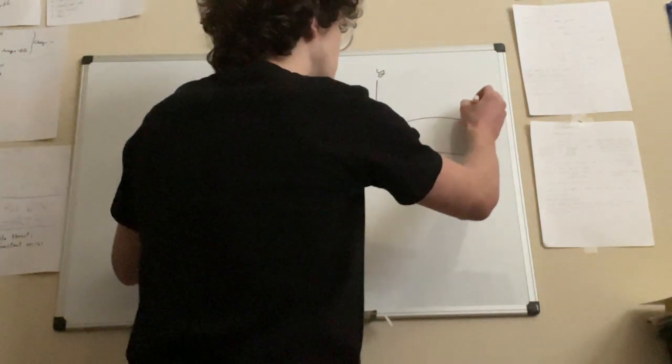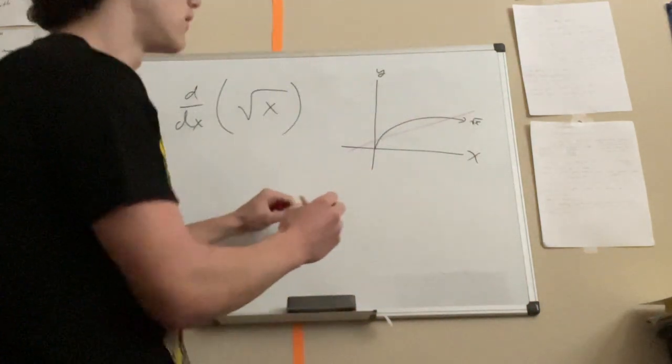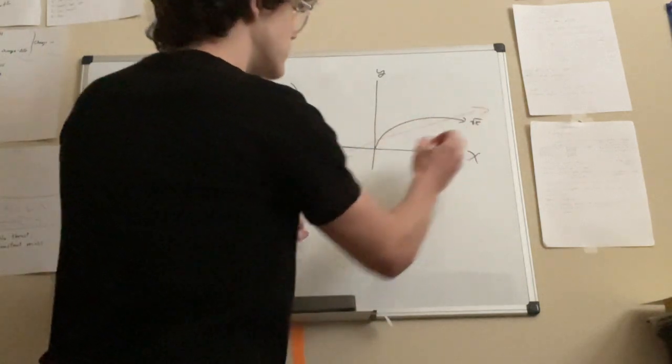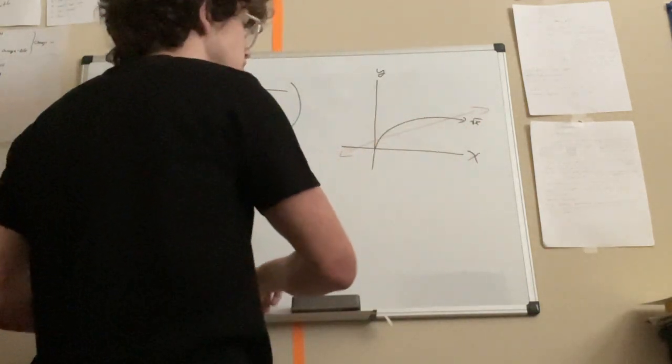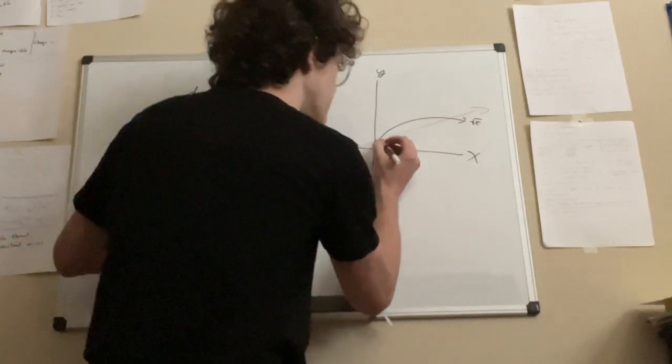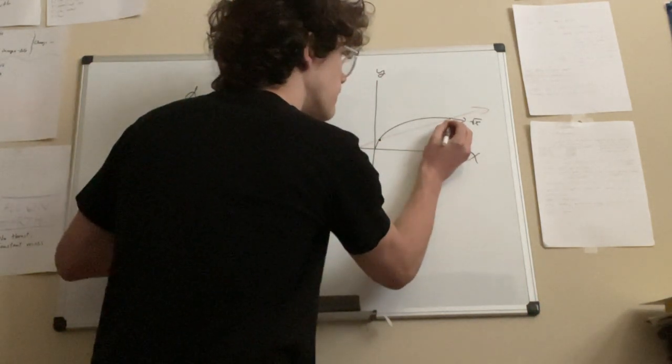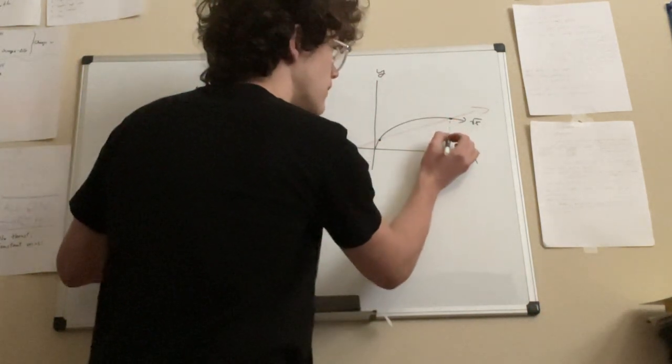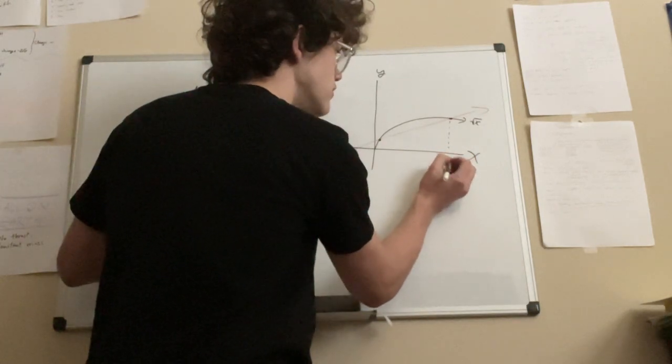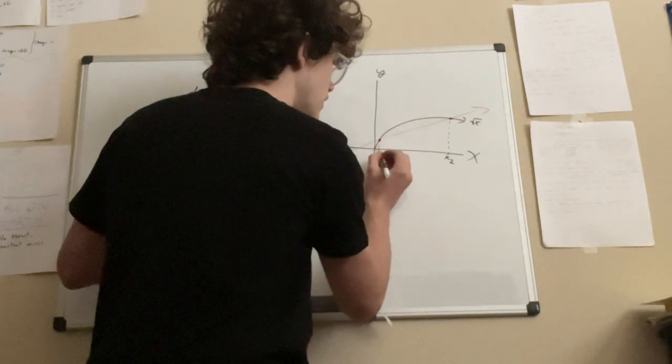So something maybe like, you know, it intercepts at these 2 points. Now let's call them x2 and x1.